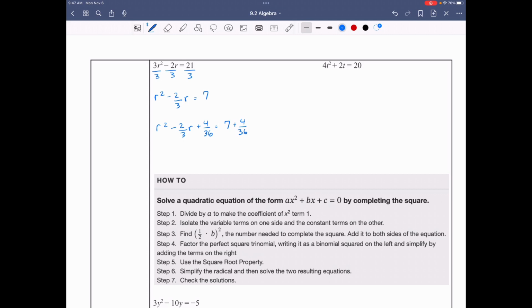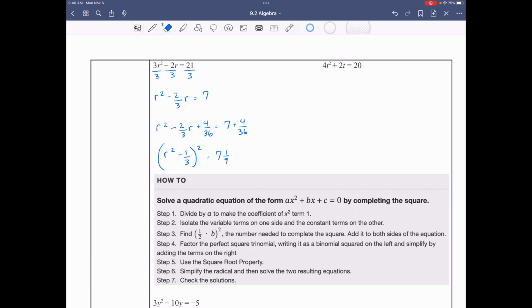And then this would factor as r squared minus 2/6, which is just 1/3, squared. And we can actually simplify 4/36 into 1/9, so 7 and 1/9. And then we're going to take the square root of both sides.